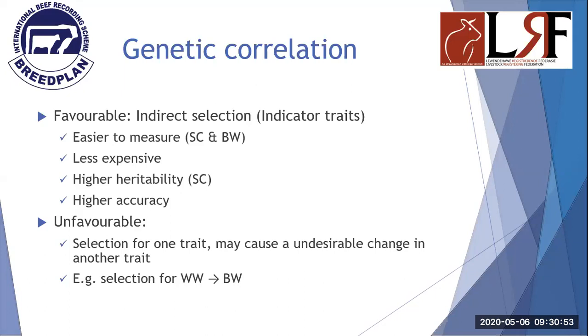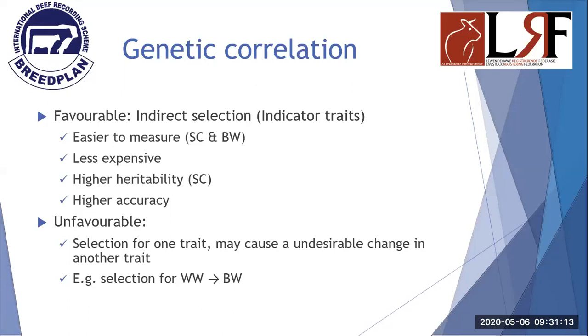And the indicator trait might have a higher heritability, or it might have a higher accuracy. So these are examples of when we would want to use indicator traits or the genetic correlation between traits.